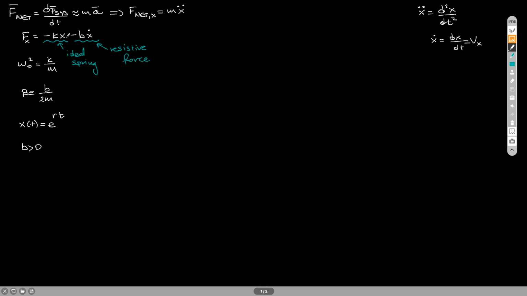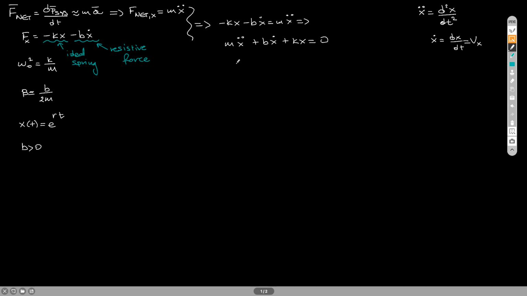Now, this is my net force in the x direction from the sum of the two forces, and this is Newton's second law. So I will combine the two. Minus kx minus b x dot is equal to m x double dot. If I rearrange things, I get m x double dot plus b x dot plus k x equals 0.